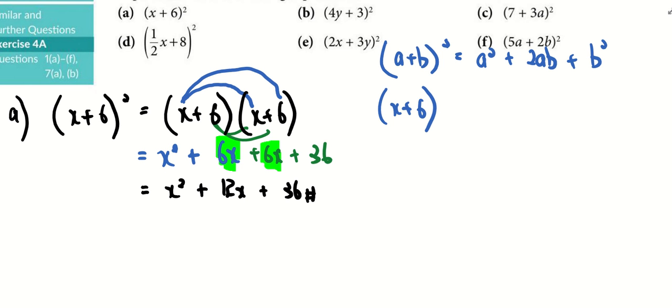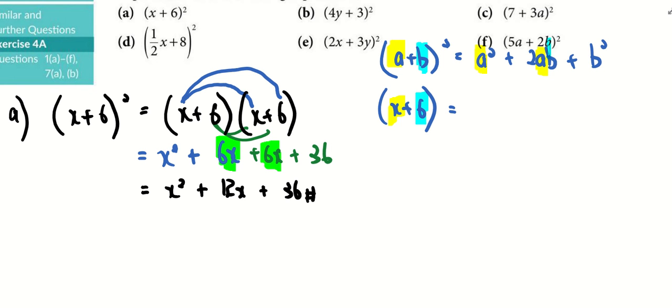Alright, so tell me, the original A has now become what? The original A has become X. So anything you see A must become X. Likewise, the original B has now become what? Number 6. Am I right?